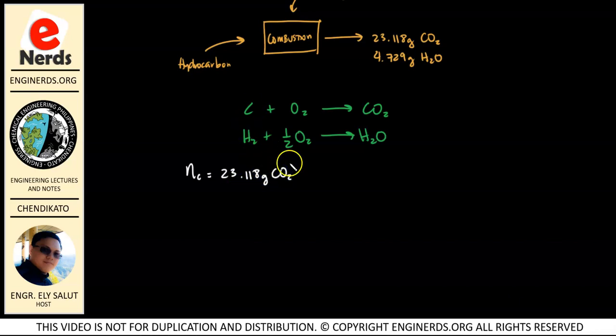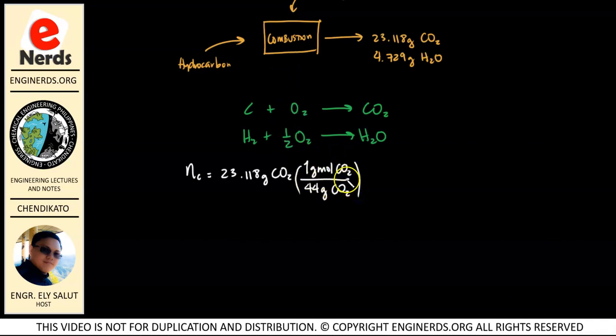So, let us find kung ilang gram mole meron tayo dito sa ating product, no? So, in 1 gram mole of CO2, we have 44 grams of CO2, right? This is 1 gram mole of CO2.